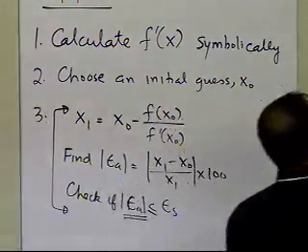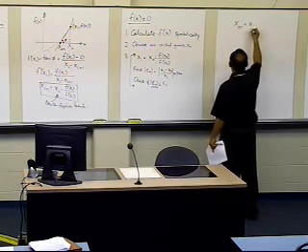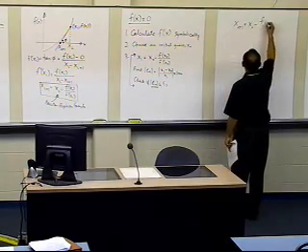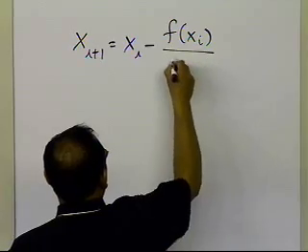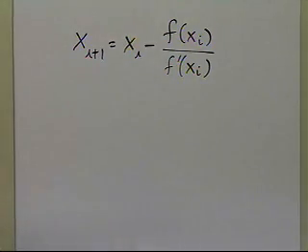The general form of step 3 should have been this: x of i plus 1 is equal to x of i minus the value of the function at x of i divided by f prime of x of i. So you're going to calculate that.